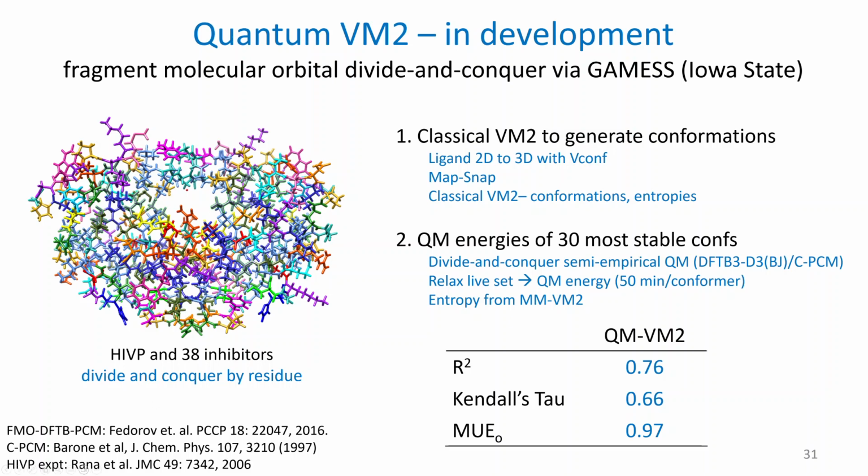The QM calculations are done with a typical implicit solvent model, the PCM method. We combine these energies with the entropies from the molecular mechanics results. And here, at least in this initial study, the QMVM2 results actually improve the accuracy of the HIV protease calculations that I showed you before, with an R-squared of 0.76.